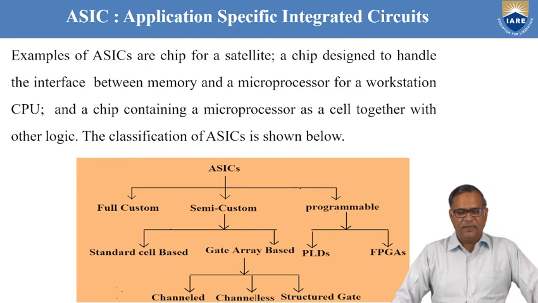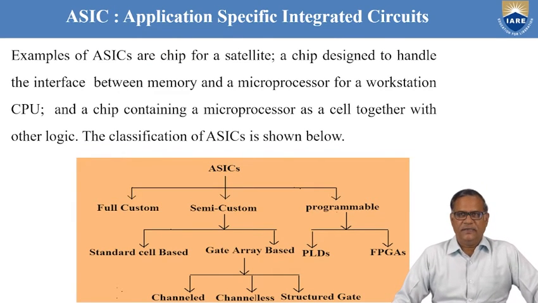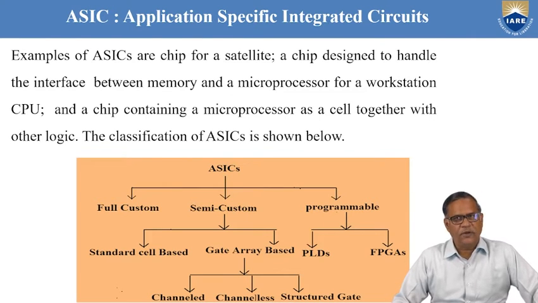Examples of ASIC chips are for a satellite, a chip designed to handle the interface between the memory and a microprocessor for a computer, or a chip containing the microprocessor itself together with other interfacing logic.